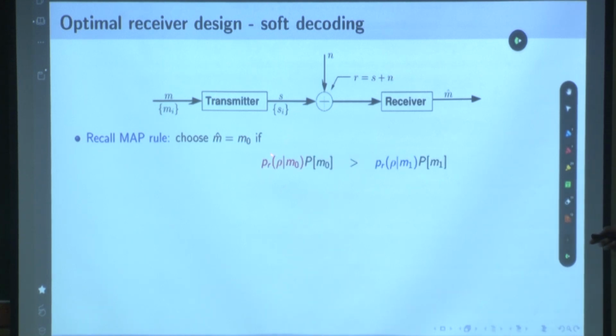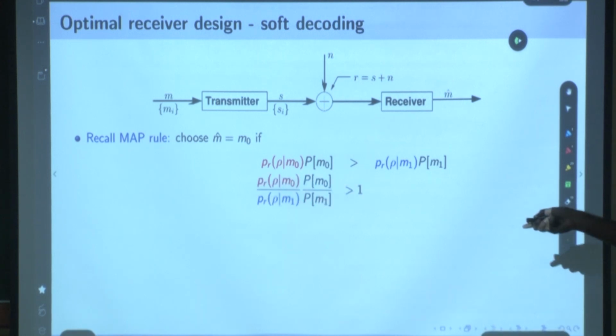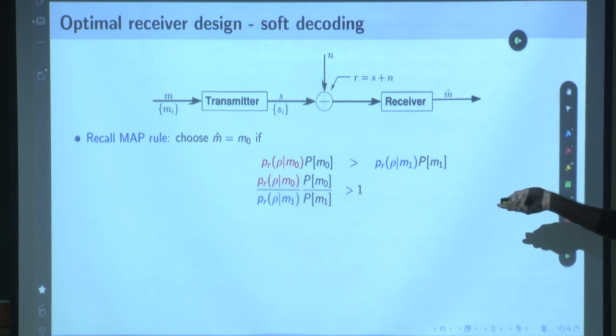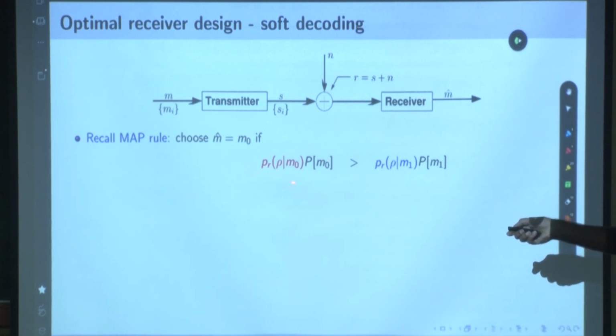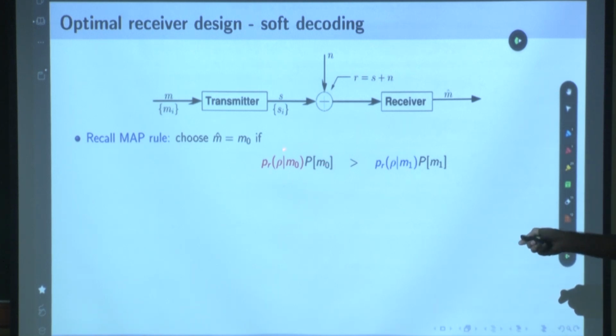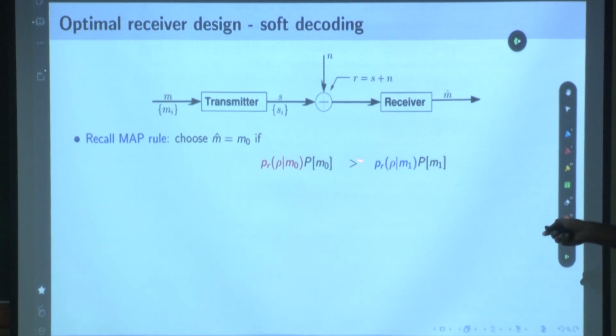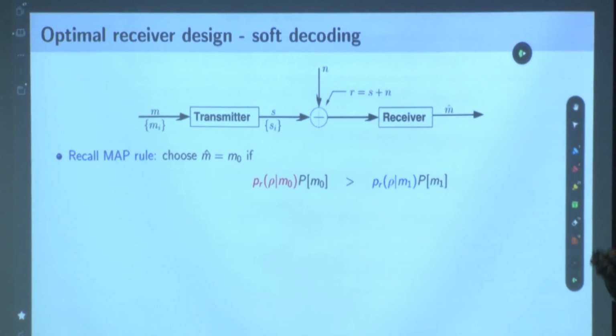What did we do for this hard decision decoding? We basically simplified this. At the end of the day, what is this? This is basically a probability. There is also another probability, and we calculate this probability, set both of these probabilities equal, and then we come up with the threshold.